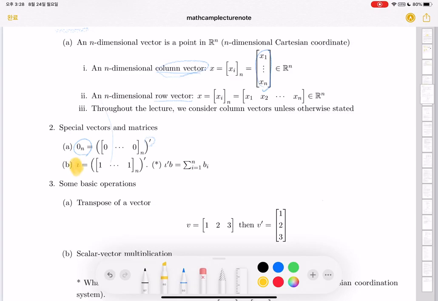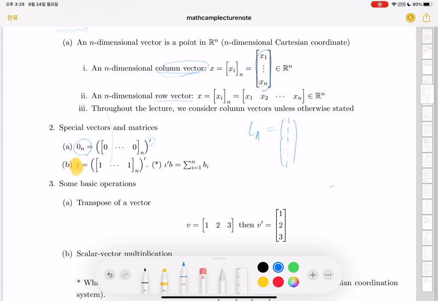This notation here is the Greek letter iota. Iota subscript n, iota n, is an n-dimensional vector of 1s. So you have 1, 1, 1, and so on.